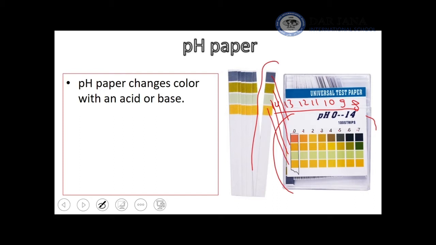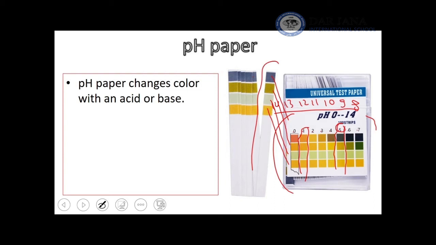For example, if you dip this paper in the solution and you get these colors, this means that the pH is 1, meaning you have a strong acid. If you get these colors after comparing, it means the pH is 5, and so on.